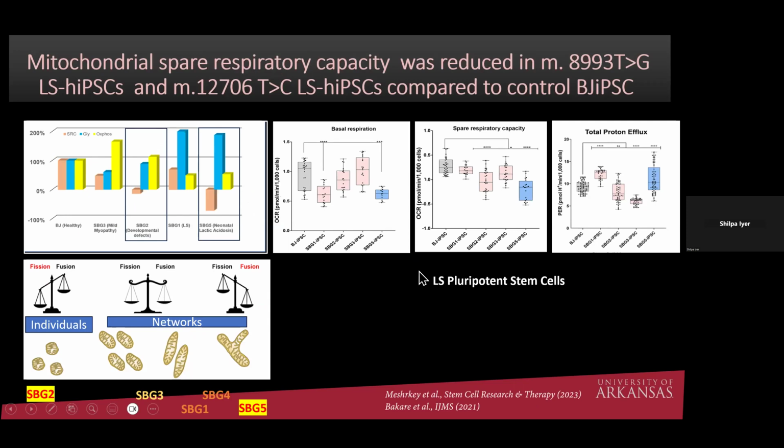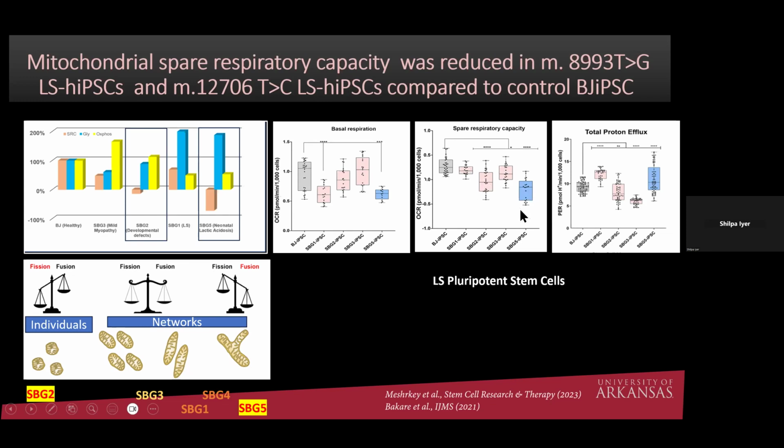On this slide, the left shows basal respiration, or mitochondrial OXPHOS, and the right shows glycolysis, or proton efflux rate. In the middle, you can see that all of them show a decrease in spare reserve capacity, at different levels, but all significantly reduced.